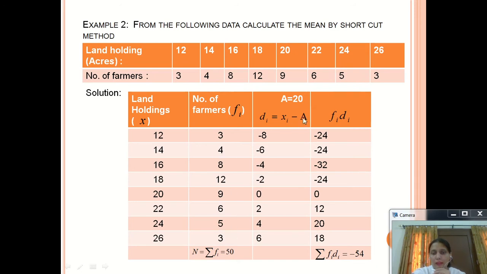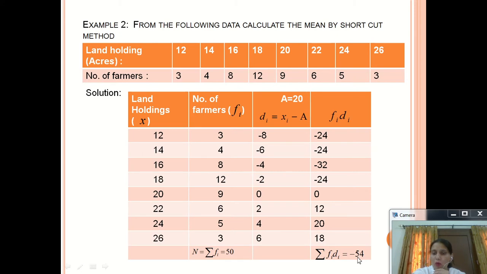Now multiply fi and di, this column, fi into di. 3 into minus 8 is minus 24, 4 into minus 6 is minus 24, and multiply all these values and then add this column, summation fi di, that is minus 54.